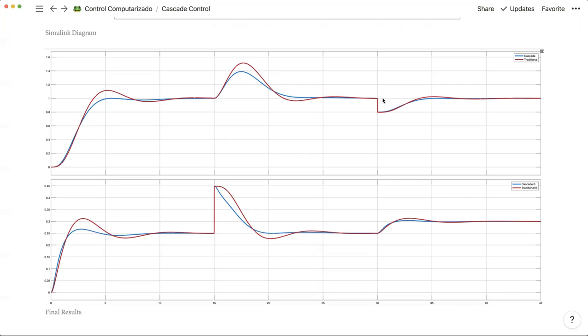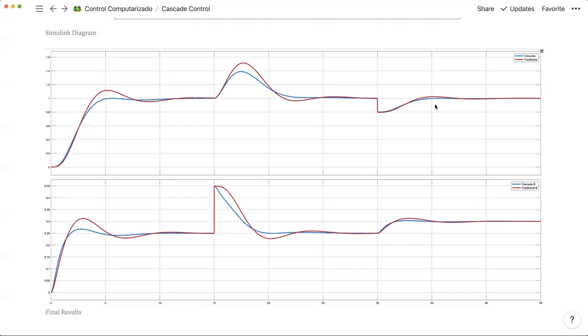And finally, with disturbances in the second process, we have again less oscillations, less overshoot, almost no undershoot, and it is faster.